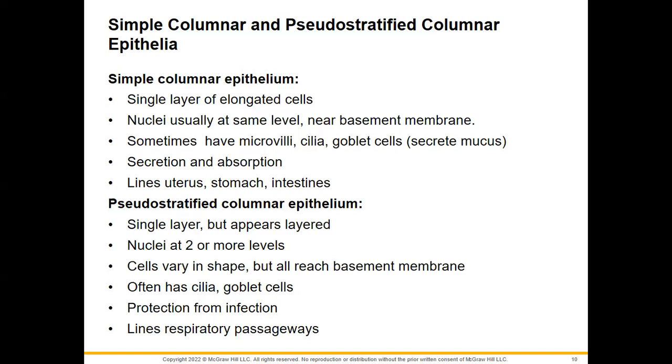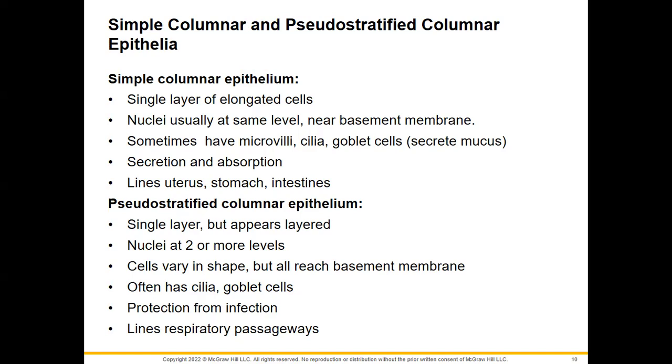When we were talking about the simple columnar epithelium, I mentioned that the nuclei of these cells are generally going to be found at the same level in all of these cells, and that's going to be near the basement membrane.